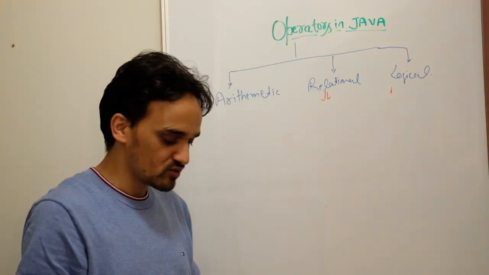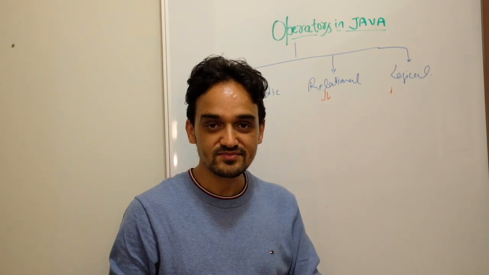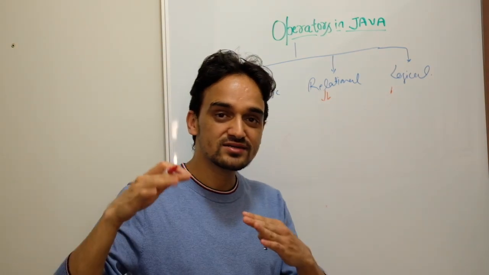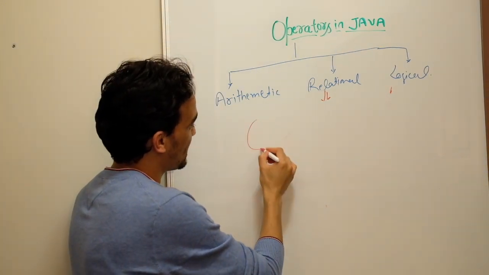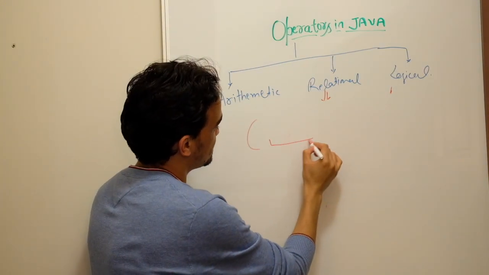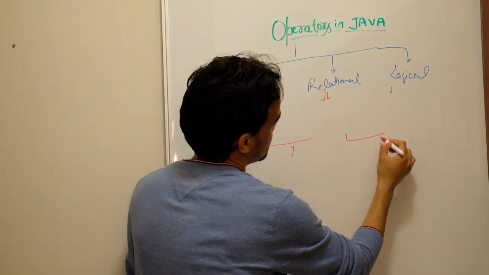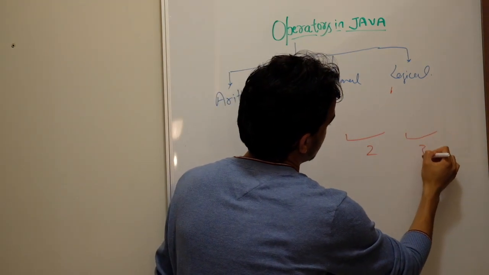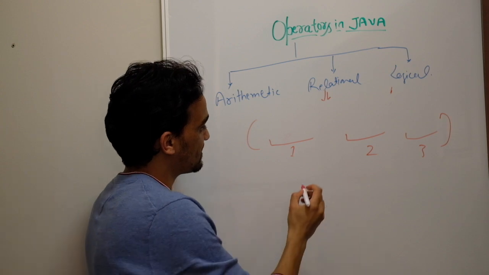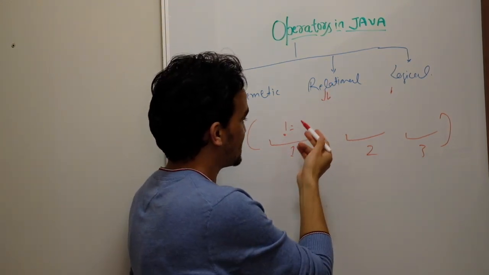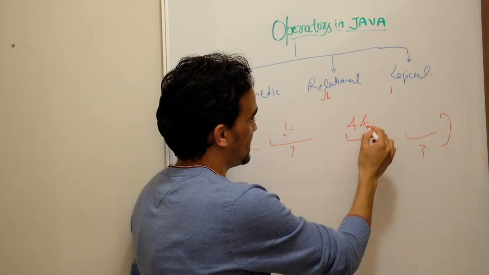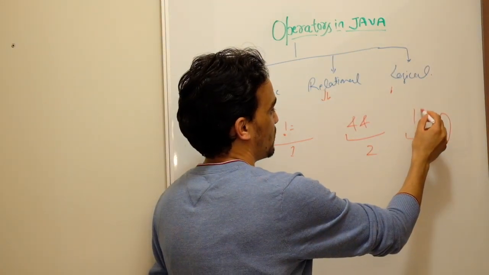At the end I want to quickly cover one topic. How do these conditions take priorities? Let's suppose I have a condition here, condition 1, condition 2 and condition 3. Here I have the not equal to relational operator, here I have and, and here I have or.